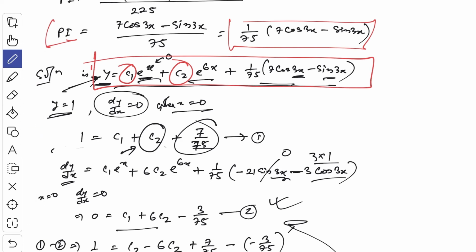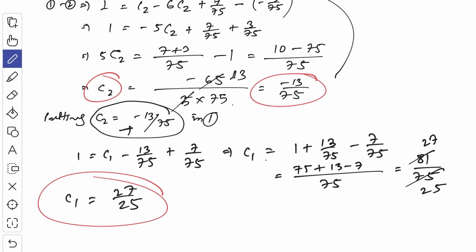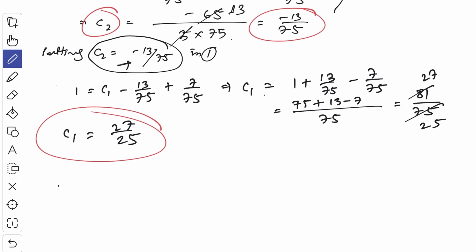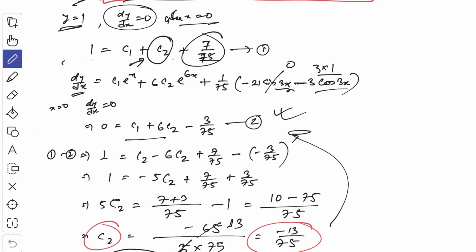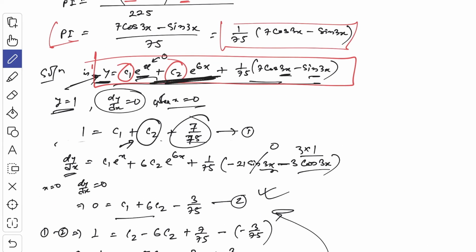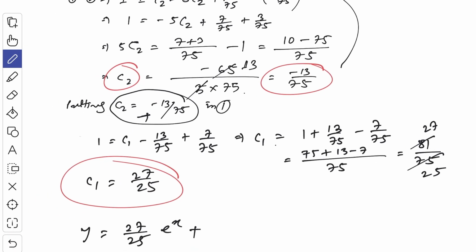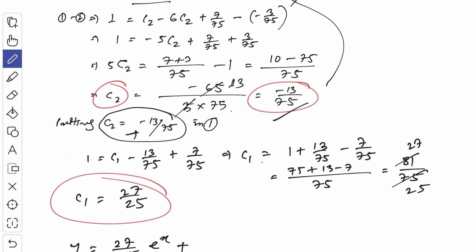y is equal to, so c1 we have got 27 by 25, then here we have e to the power x, next term is plus c2 e to the power 6x, so c2 is nothing but minus 13 by 75.